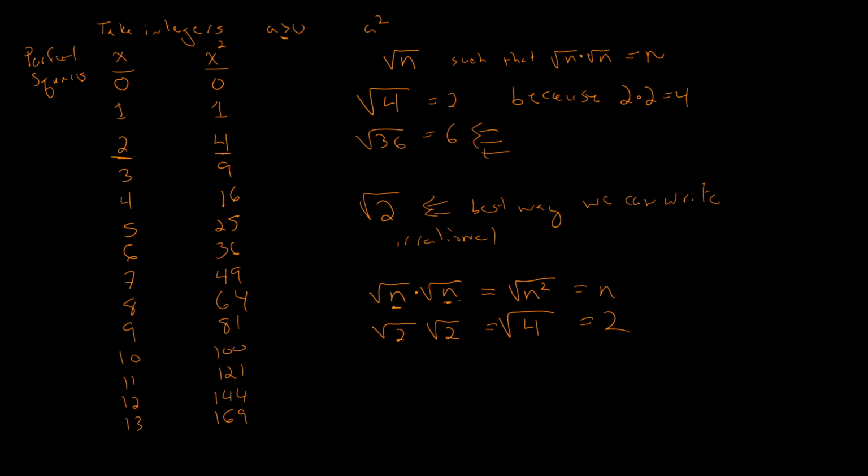This lets us do some neat things. For example, I'm just going to try to pick a random number here, 80, the square root of 80. Well, 80 isn't on my list, and it's irrational, but I want to write it in a more simplified form.